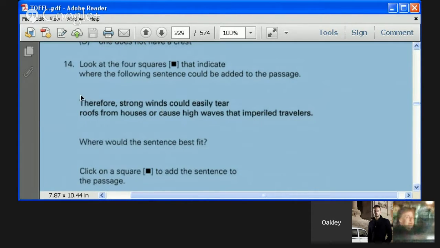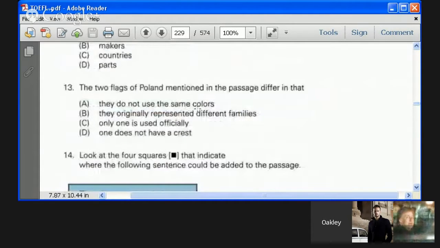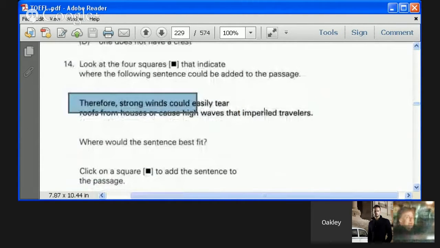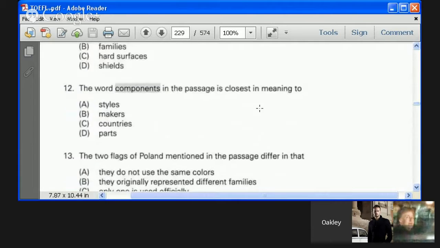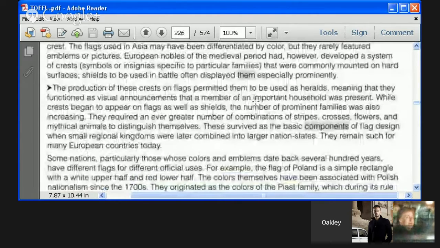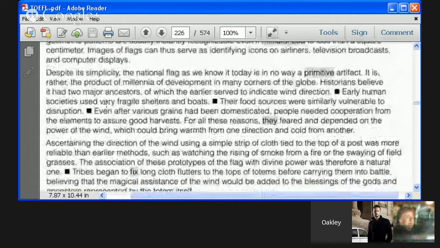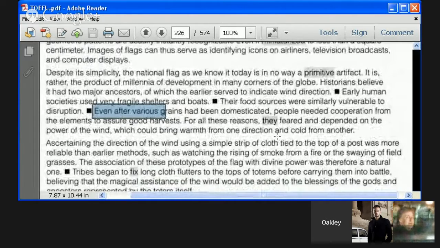That's the main point. Does that make sense? Okay. When I check it out, houses and high waves definitely relate to boats. So just to get the idea, if I read the next one, Giovanni, I need to check them all.